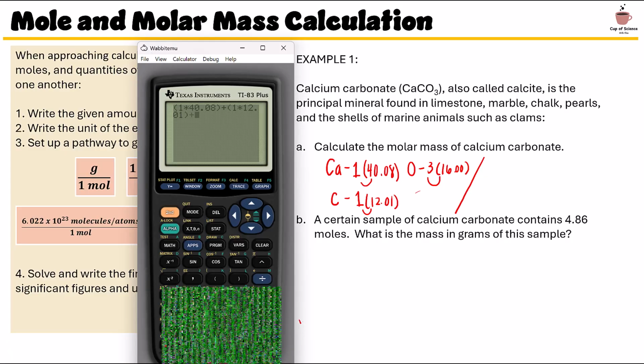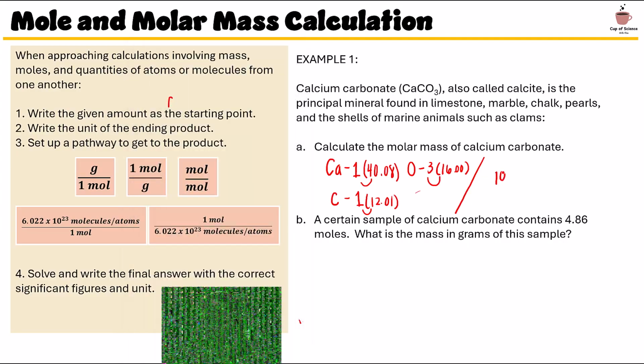And then another one, you're going to add the 3 times the 16.00. Okay, enter, and you get 100.09 grams per mole. So that's my molar mass for calcium carbonate.